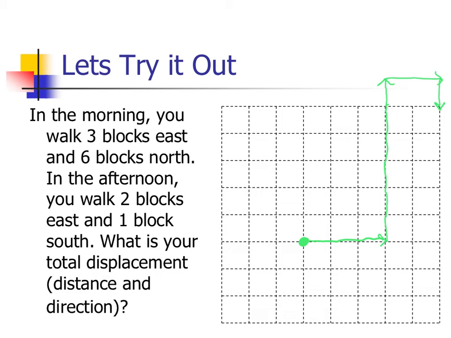Distance and direction. Now, this is where also some colors can help us. That's what we're solving for, the black line. Did we have to add those vectors in that same order?